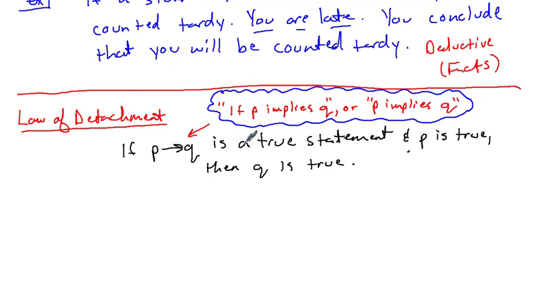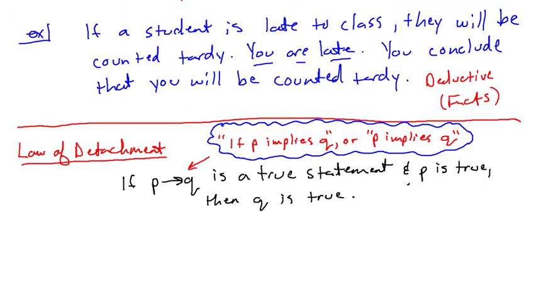These little P's and Q's, all they are is just like our example about the kid being late. So if you're late, P, you're tardy, Q. And so the law of detachment says, if P implies Q is a true statement, so if you're late, then you get counted tardy, right?